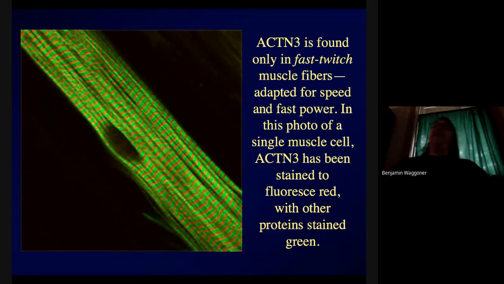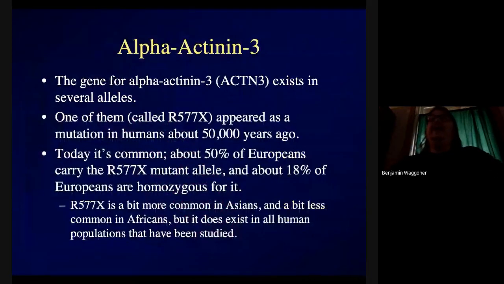And it turns out that alpha-actinin 3 exists in several alleles. One of them appeared roughly 50,000 years ago, and it's estimated that about 50% of Europeans carry this mutant allele. Roughly 18% of Europeans are homozygous for the mutant allele.